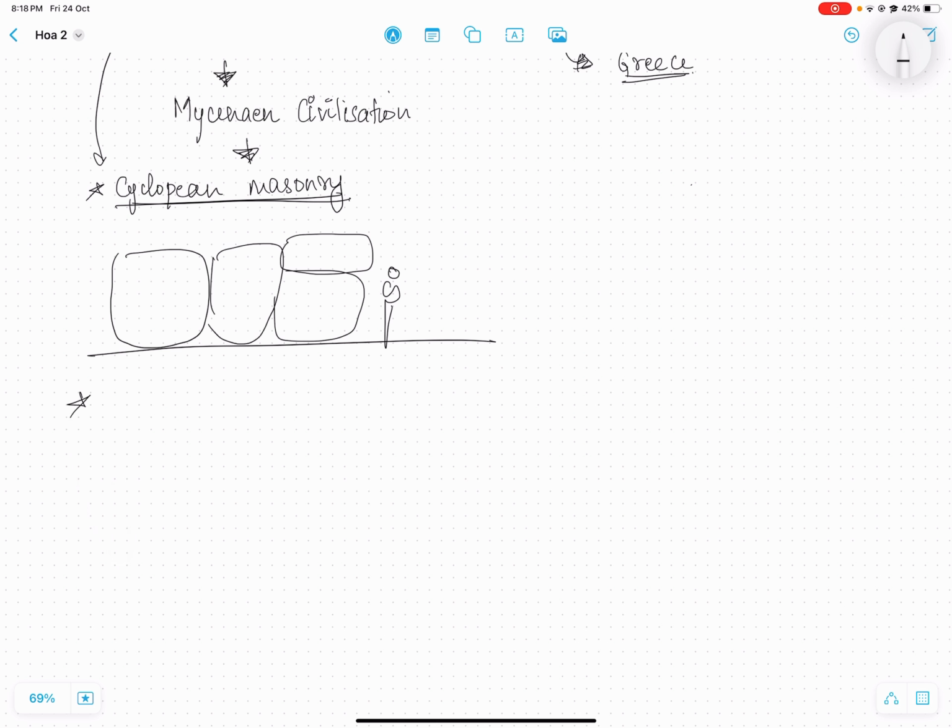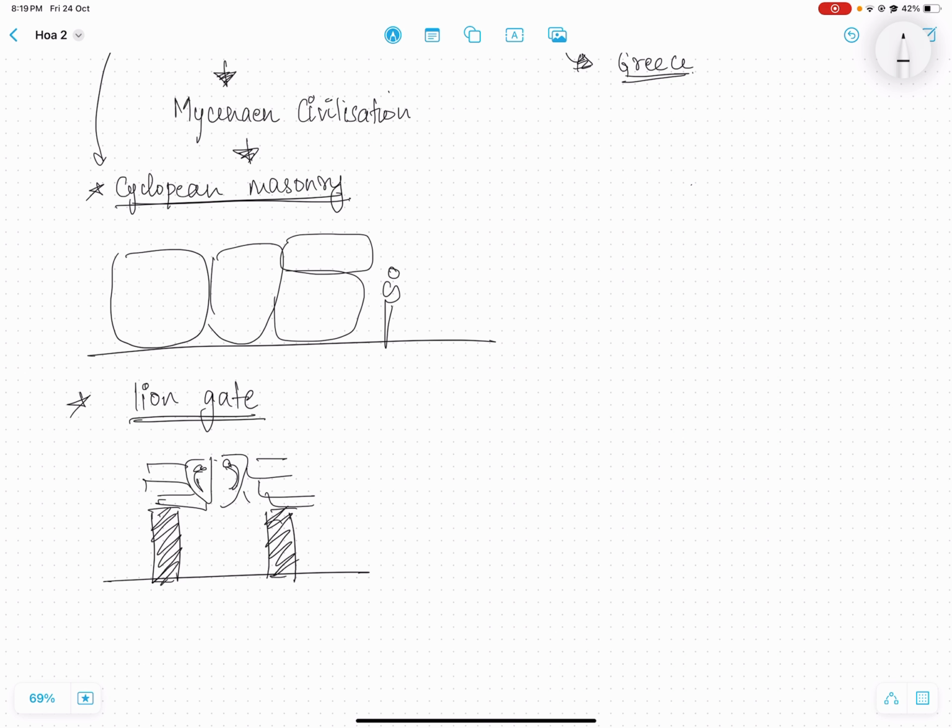Another thing that was famous during the Mycenaean civilization is lion gates. So what are lion gates? We'll see that. This was how the lions were there, and the stones were arranged in a corbelling way around it with two posts forming a column kind of structure.